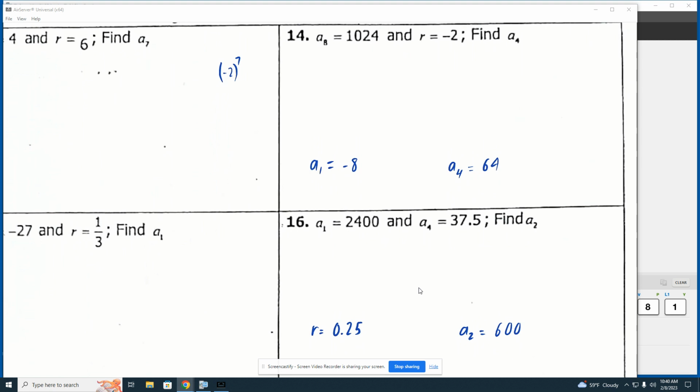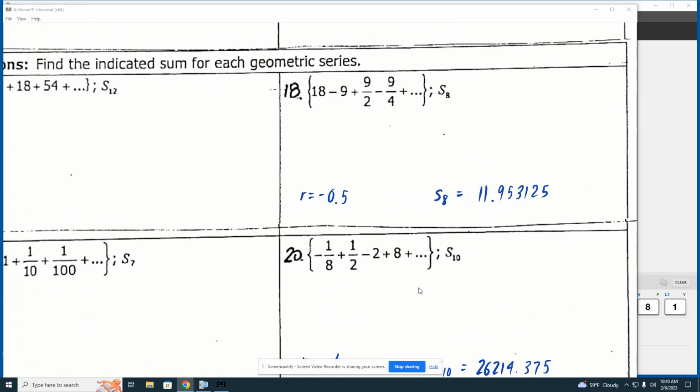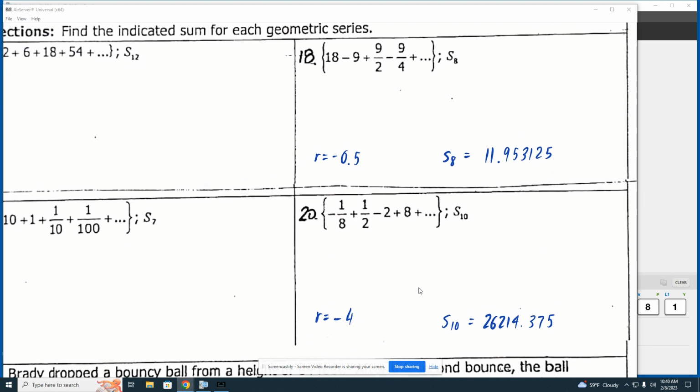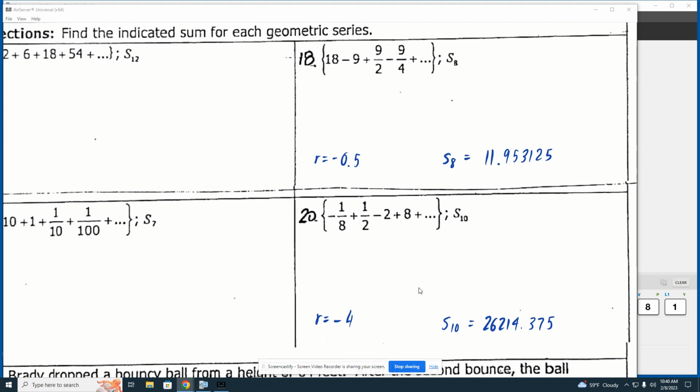All right, so last two were pretty simple. Again, they told you they were geometric sequences. So you found the r. The difference was to find the series. S sub 8 and S sub 10, we used what on these problems? We used that big sigma, right?